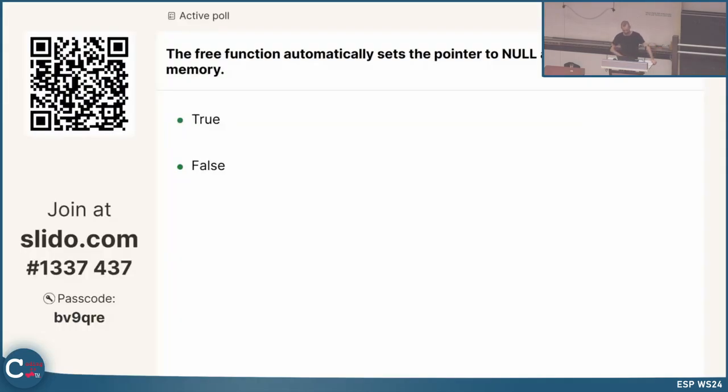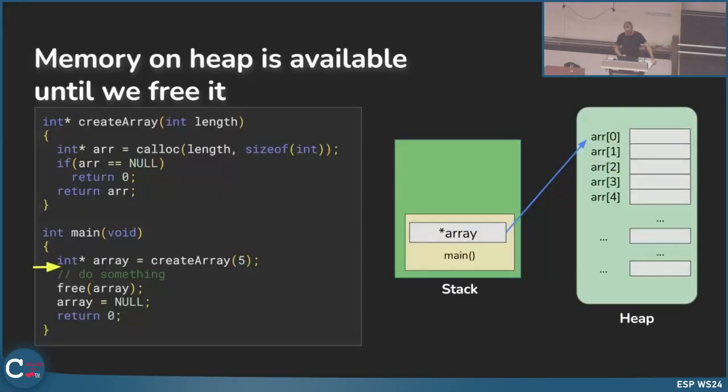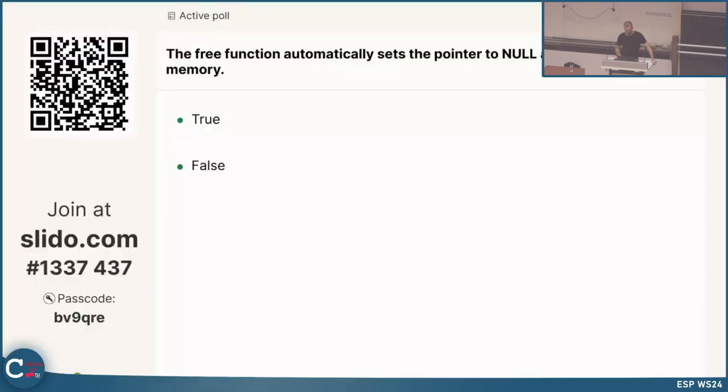Next question. When we shortly go back, there is a free of this array. The free function automatically sets the pointer to null after releasing memory. Is that true or not?